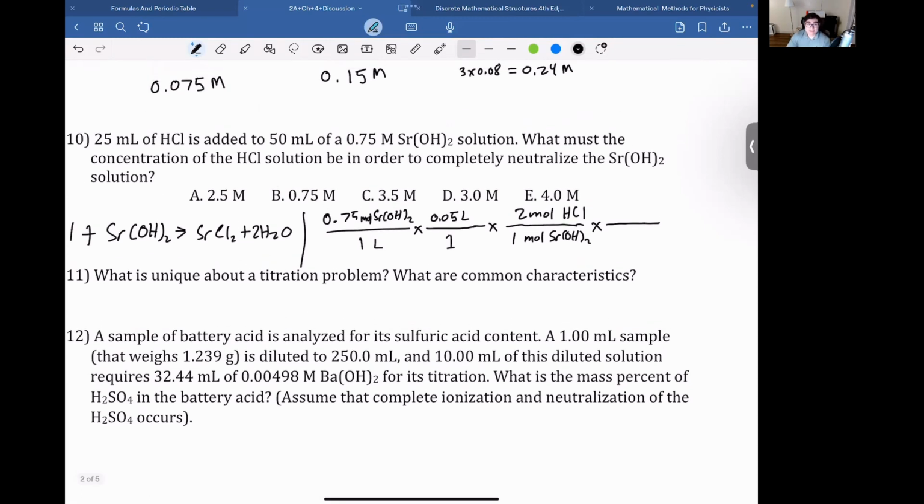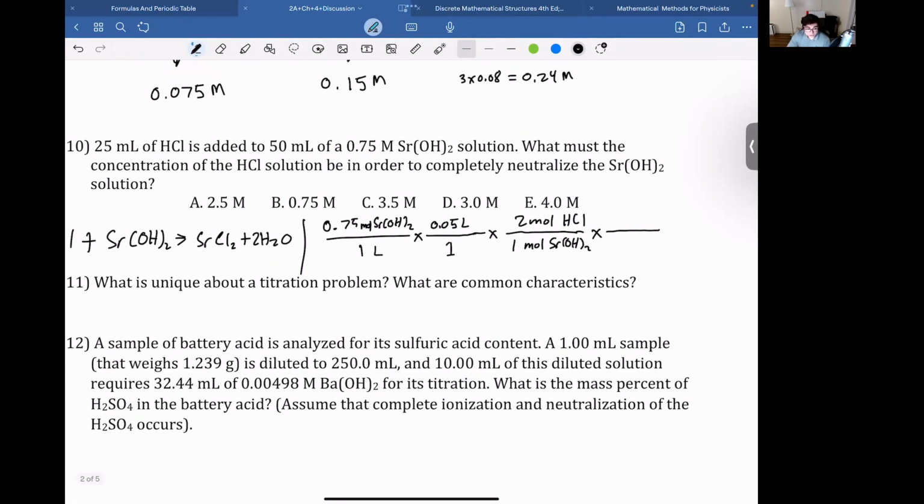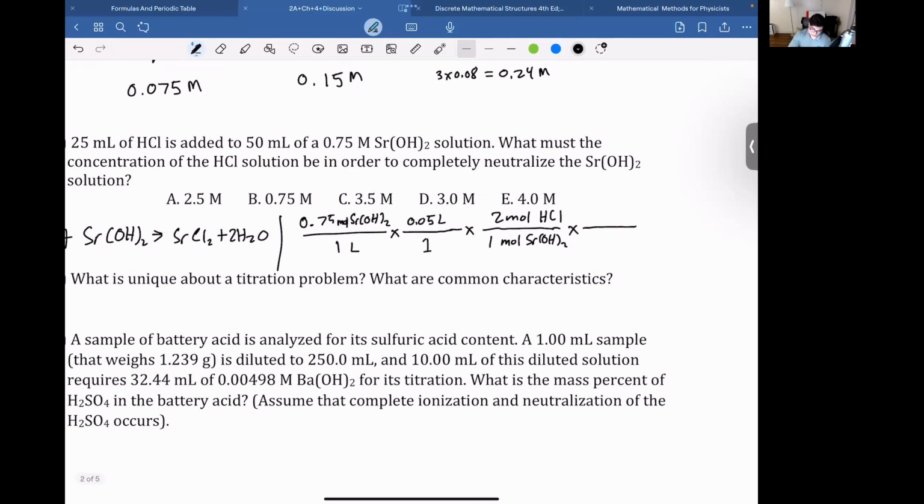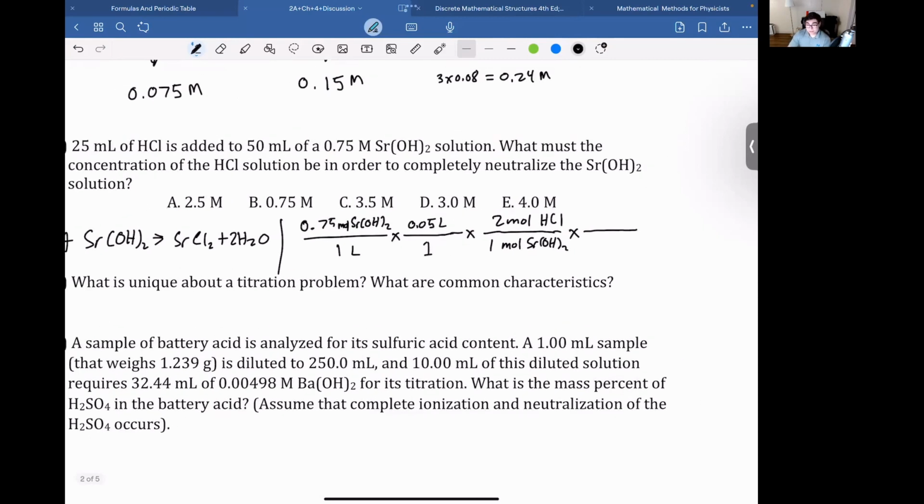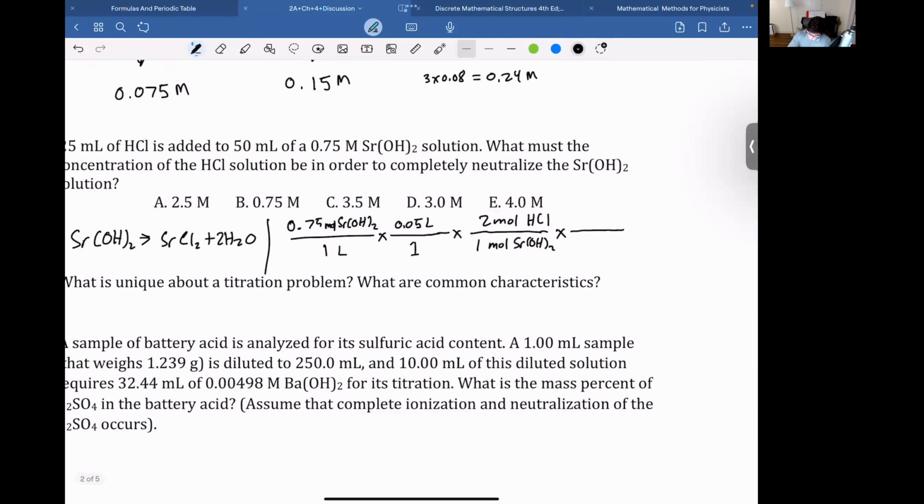But I want the molarity of the HCl solution. So what do I do? Well, I divide by how many milliliters I'm using. I'm using 25 milliliters, which is 0.025 liters. And now I have units of moles of HCl divided by liters. Now, if you want to be very, very precise with your units, you could say on the beginning liters, because what's the difference between these 2 liters, right? Well, this one's a strontium hydroxide solution.